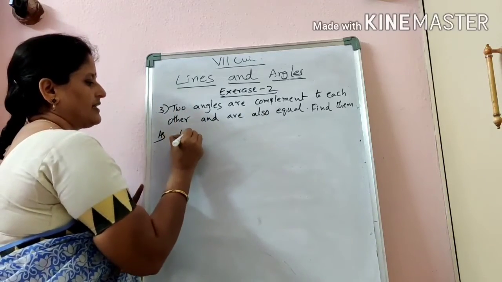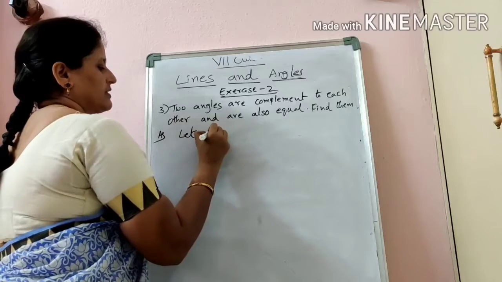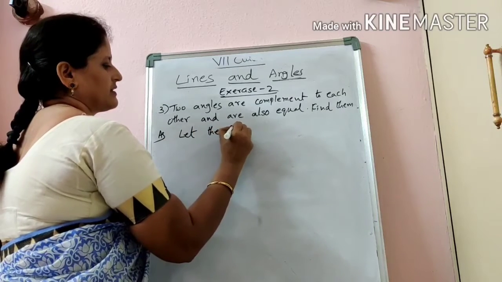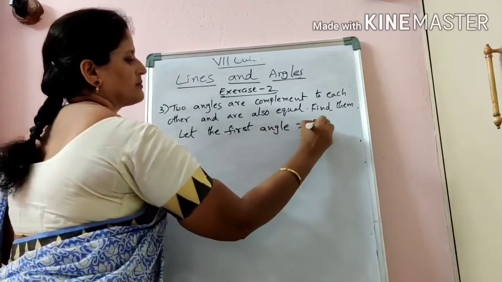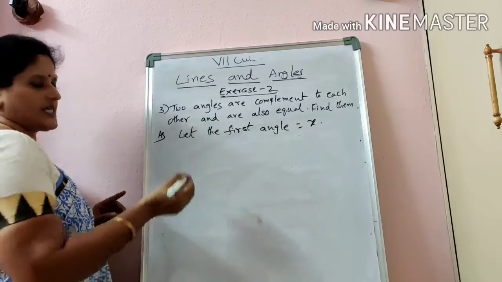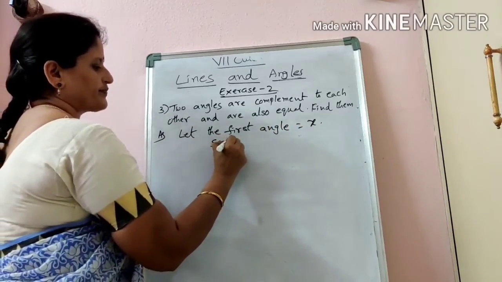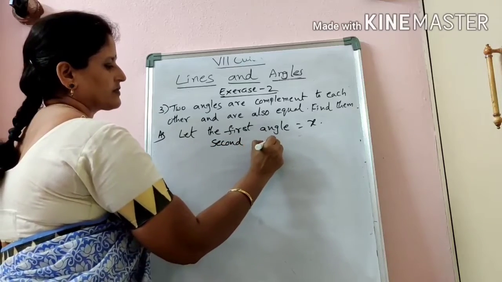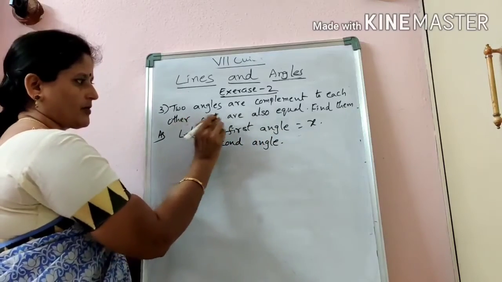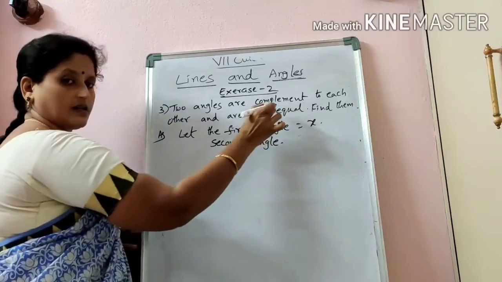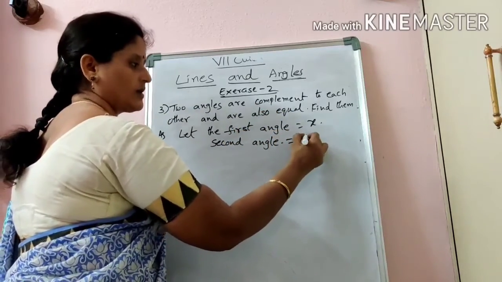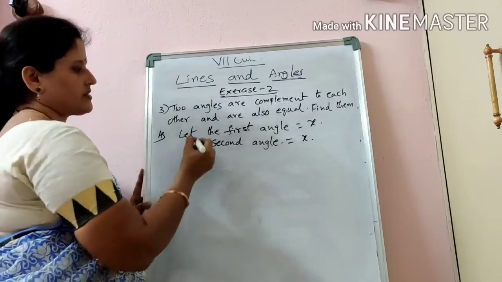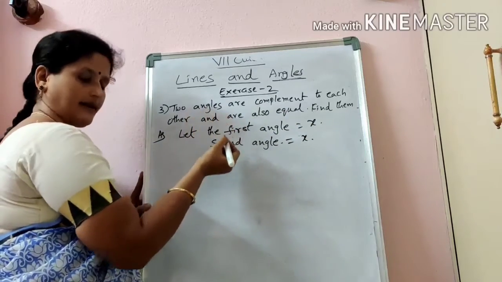Let the first angle be x. By the problem they are also equal, so the second angle is also x.